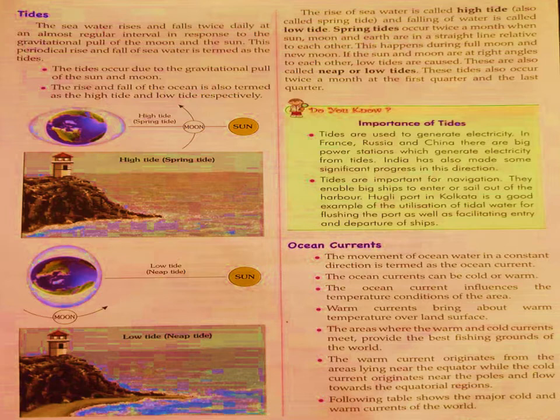So spring tides occur twice a month when sun, moon and earth are in a straight line, and neap tide occurs when sun and moon make a right angle with the earth.